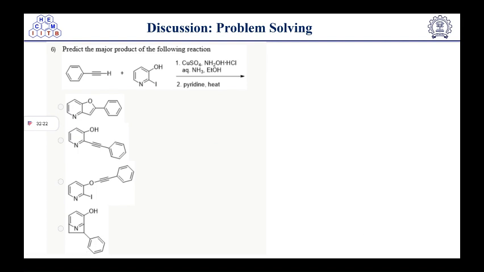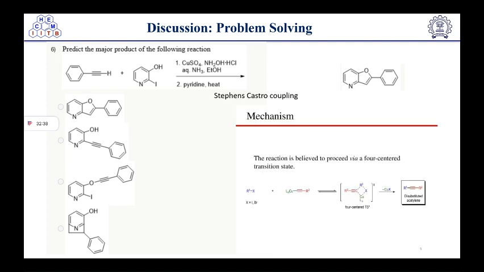The next question is: predict the major product of the following reaction. Here you have copper sulfate, hydroxylamine, aqueous ammonia, ethanol and pyridine, with heat. Here we have the Stephens-Castro mechanism. We have discussed this mechanism earlier also.